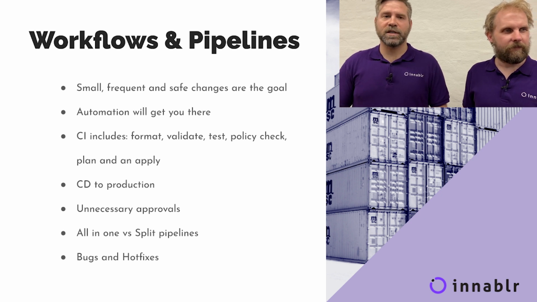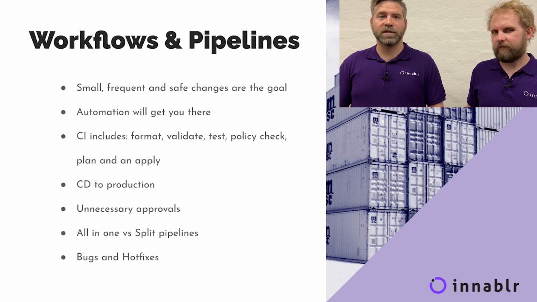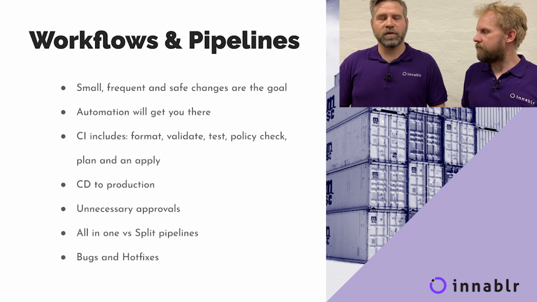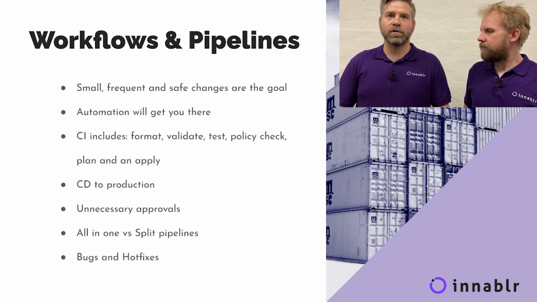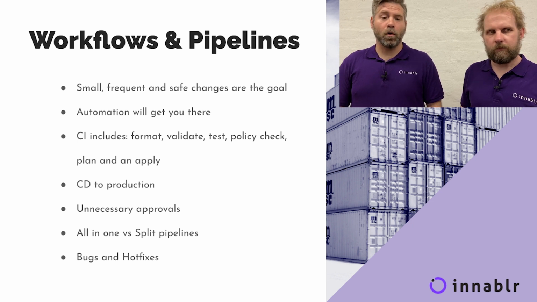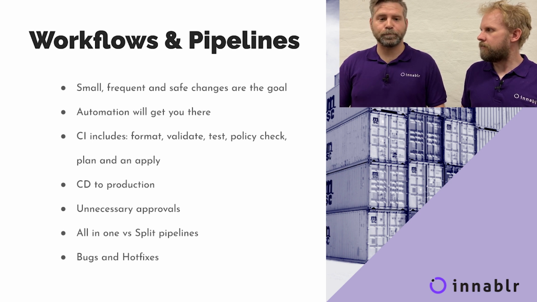And when I say a policy check, I'm talking about a business policy or a technical policy. For example, we don't want to deploy super large instances to AWS. We can prevent that by putting in a policy. Or if you don't want to use a particular AZ or a particular region.